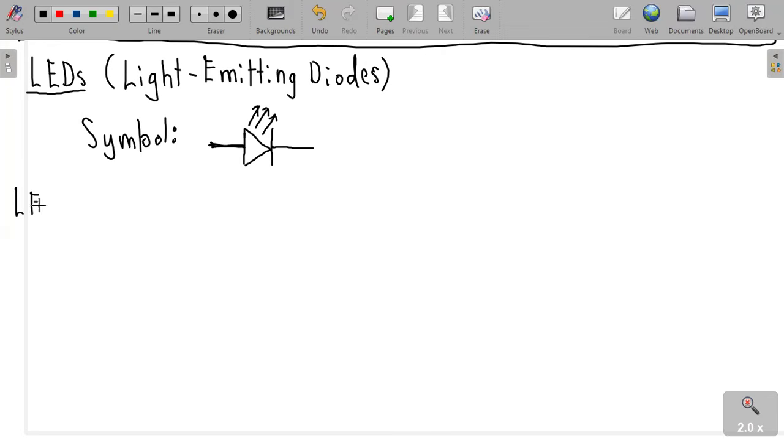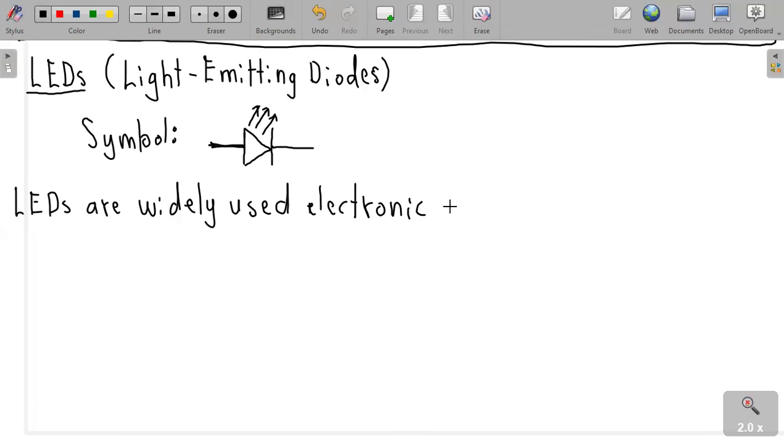A short explanation here: LEDs are widely used electronic devices.